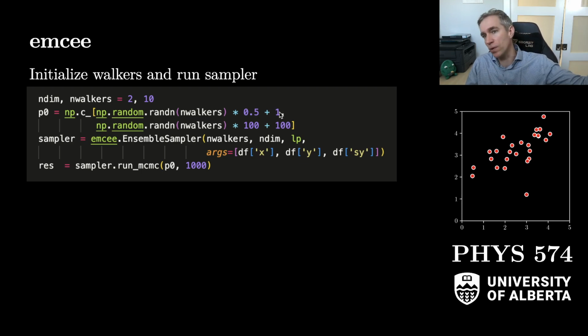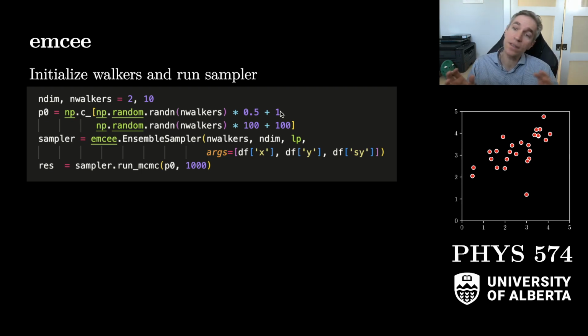This will throw some walkers to negative infinity because they'll be outside of our slope prior. That's okay. They'll start out and try to walk to a good part of the parameter space. The second part is the distribution for the intercept, where we do a large scatter around a central value of about 100.